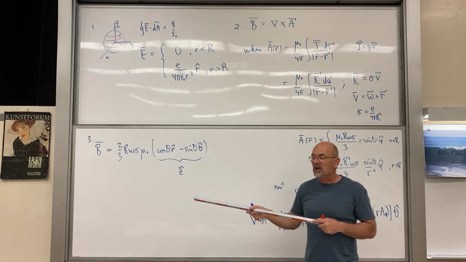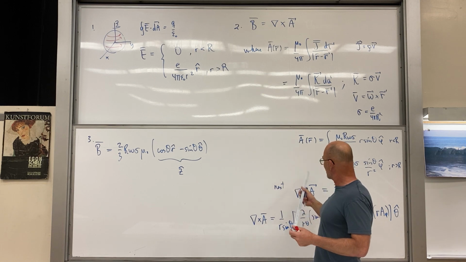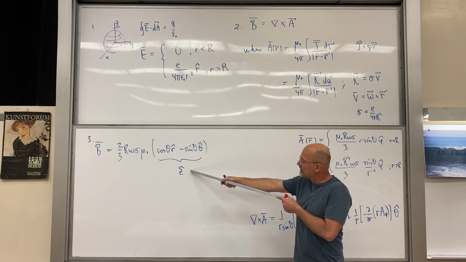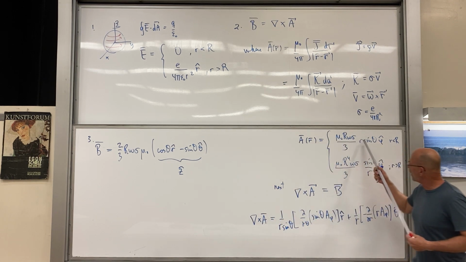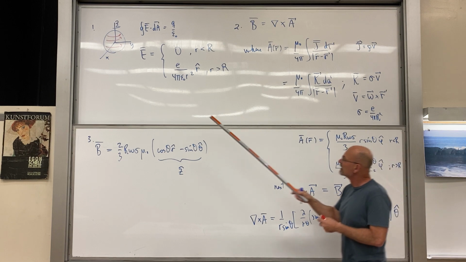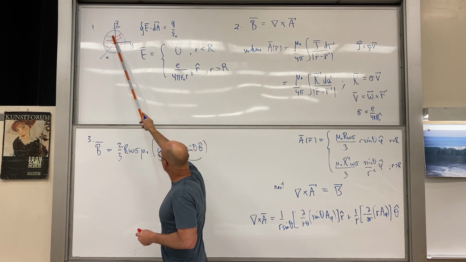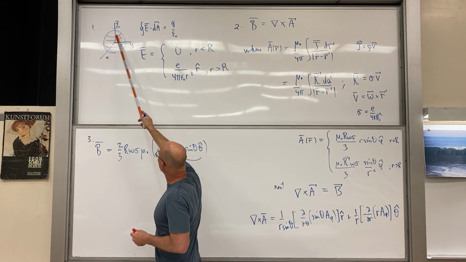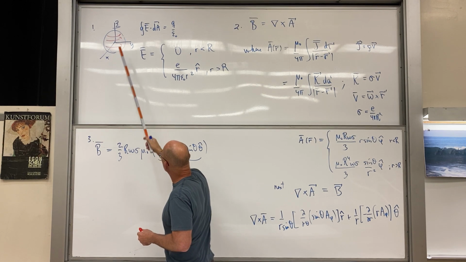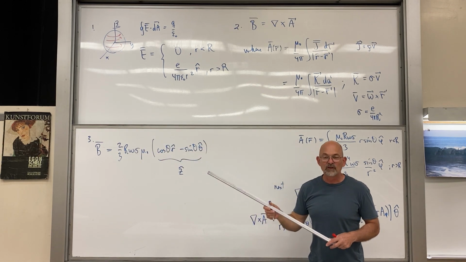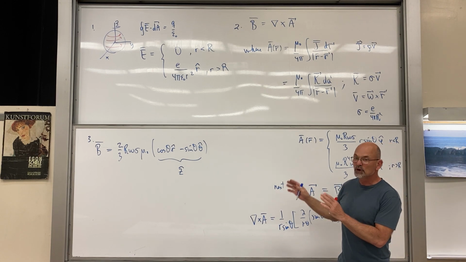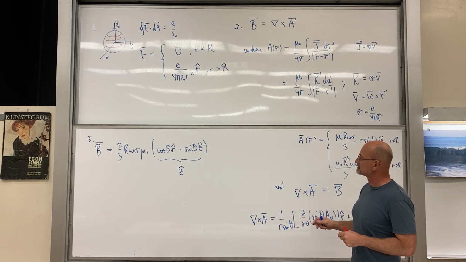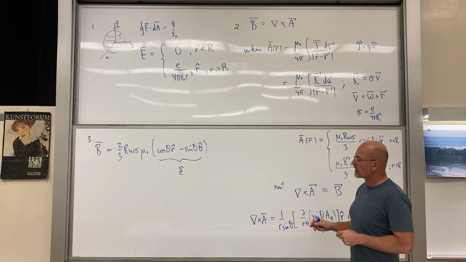Well, it's not implausible. We'll see that the other one has more than just z hat. But this form here, r sine theta, remember that's just the distance out from the axis, since r is measured from the origin. So it really is analogous to the rotating bucket, which does have a constant curl in the interior. Okay, good.